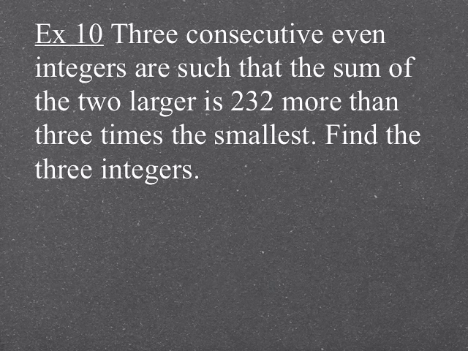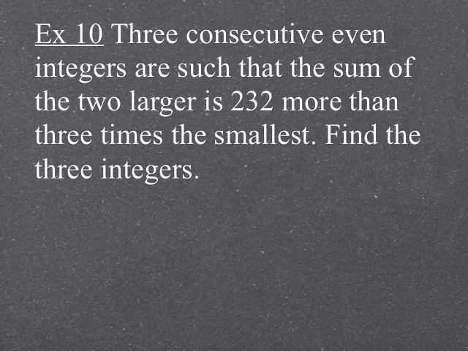3 consecutive even integers are such that the sum of the two larger is 232 more than 3 times the smallest. Find the 3 integers. Now this one is totally on purpose made to look gross, but it's very easy. Just take it a step at a time. So the first thing we know is we need to do a key.